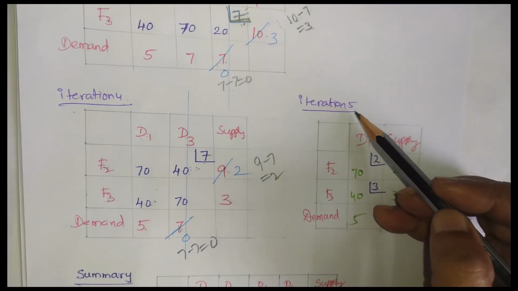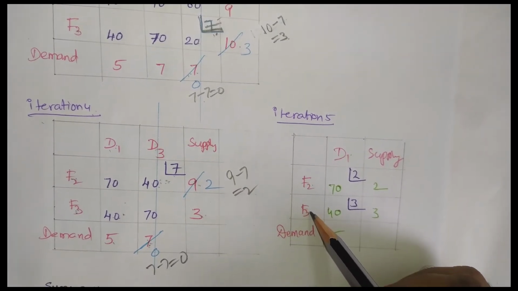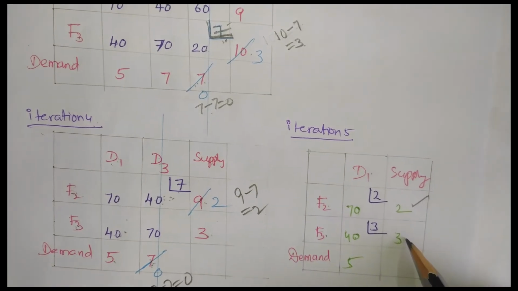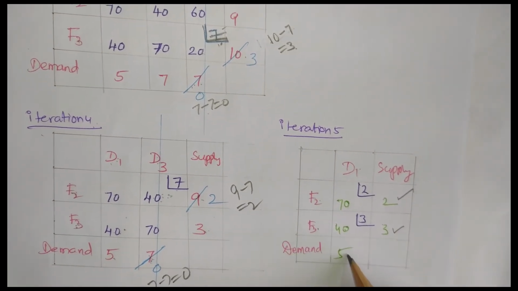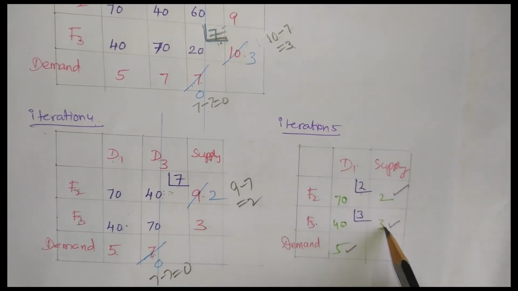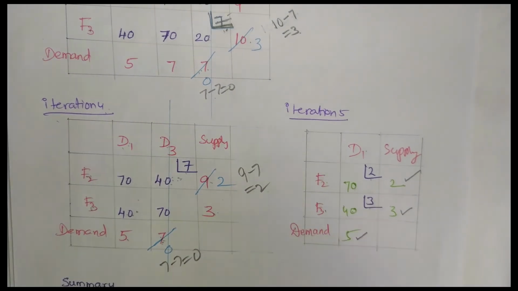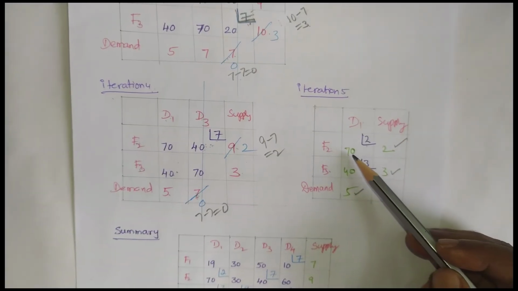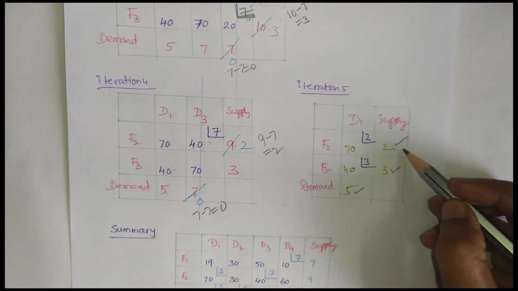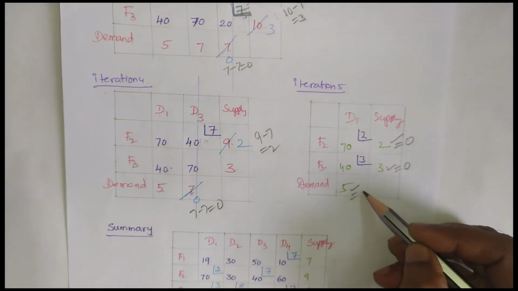Next, iteration 5, only D1, and F2, F3. Here 70, 40, supply is 2 and 3, only demand is 5. So that's why 2 units are allocated to this cell and 3 units are allocated to this cell. After allocation, this is equal to 0, this is equal to 0, this is equal to 0.